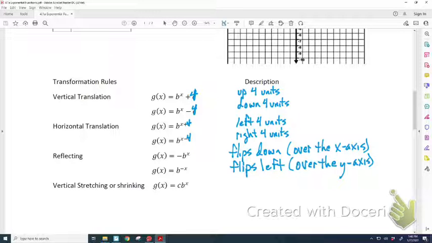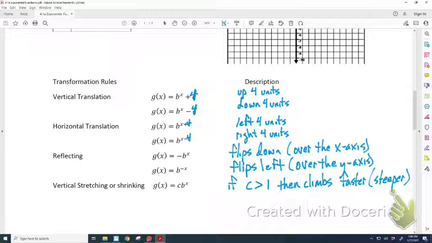And lastly, if we have a c, a front number, if c is larger than 1, then it climbs faster, or steeper, because I'll be multiplying by a big number.